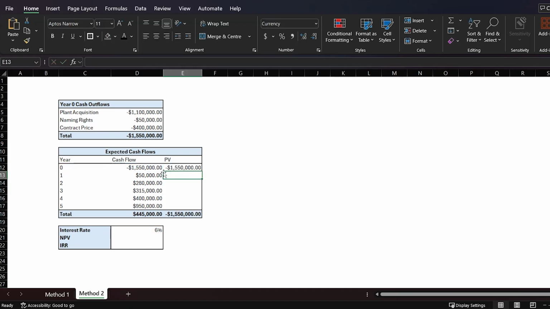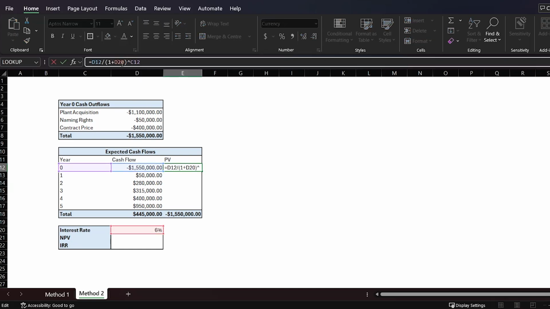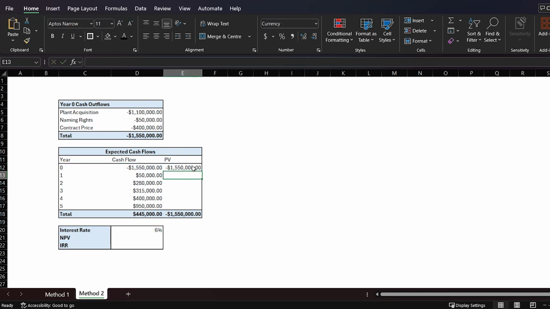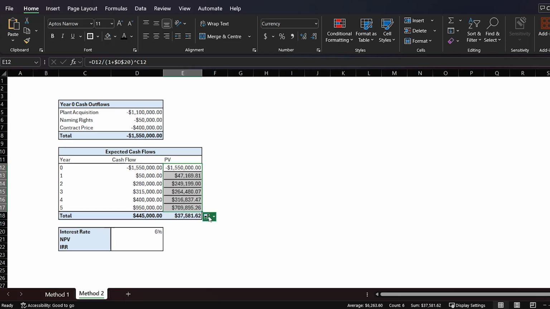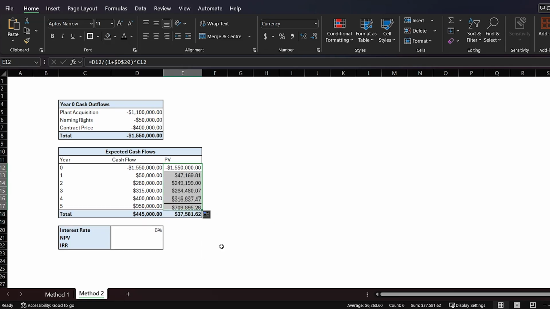We can see for the first year we have 1.55 million present value for the 1.55 million cash flow, and that's because it's the first year. Another important thing to note is that we have to make sure to press F4 on this interest rate, so that when we drag the formula down, it is locked in on that box. We can go ahead and fill without formatting, and we have the present value of all of our cash flows.